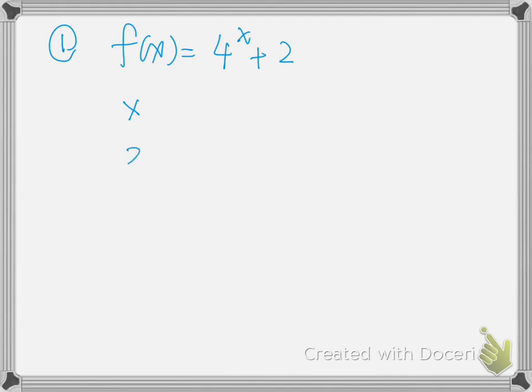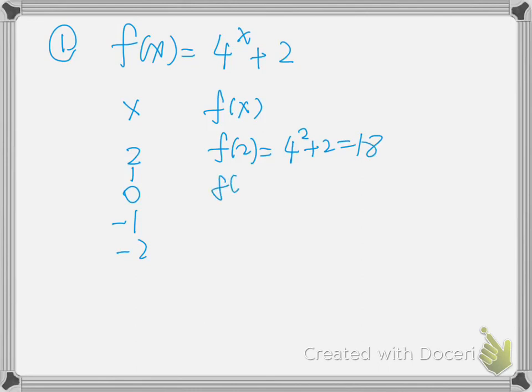So x is 2, 1, 0, -1, -2. So what's the corresponding f of x? f of 2 is 4 squared plus 2, which is 18. f of 1 is 4 to the first power plus 2, which is 6.